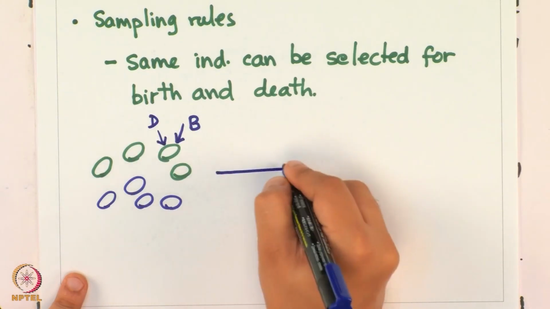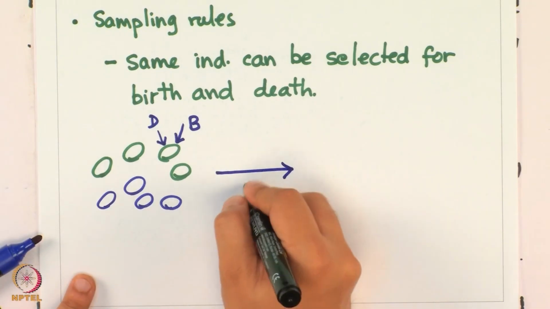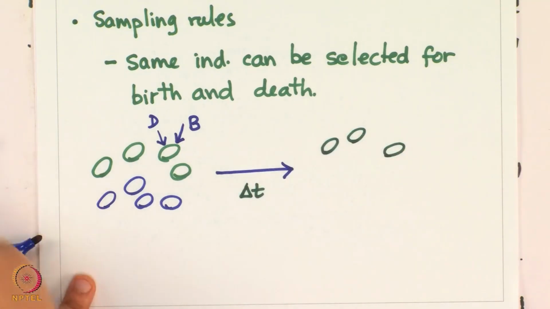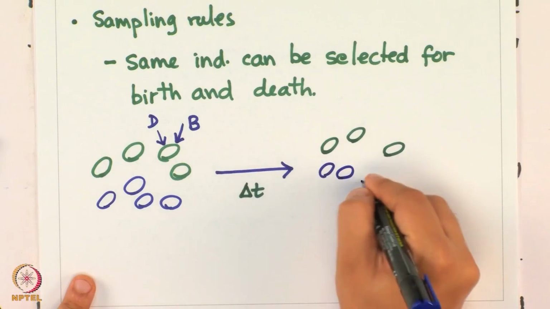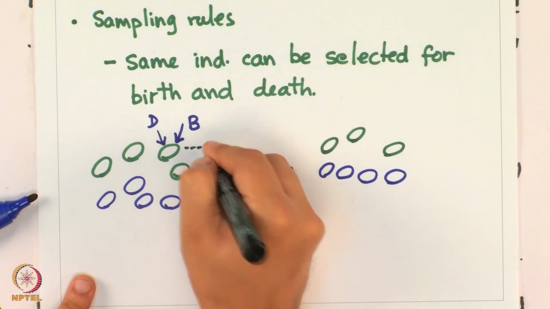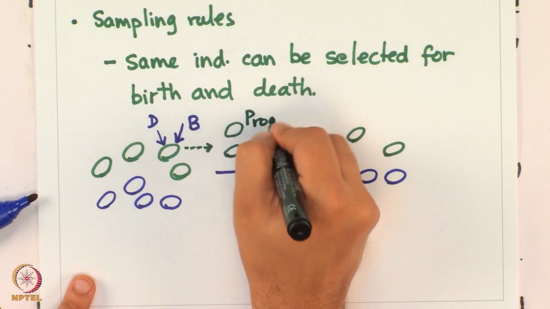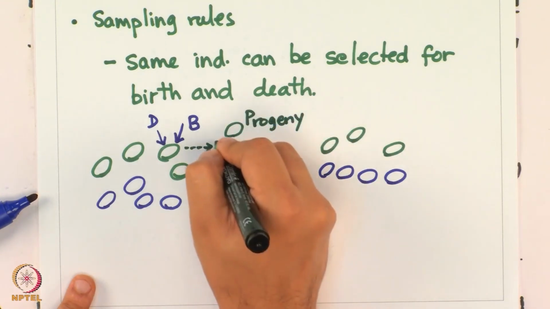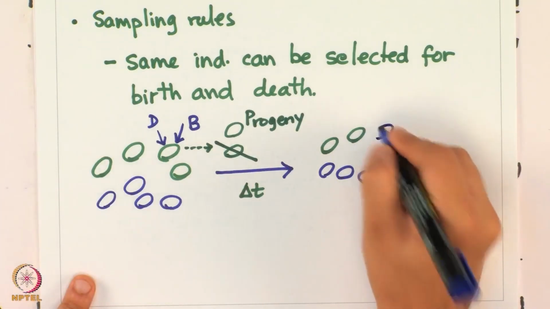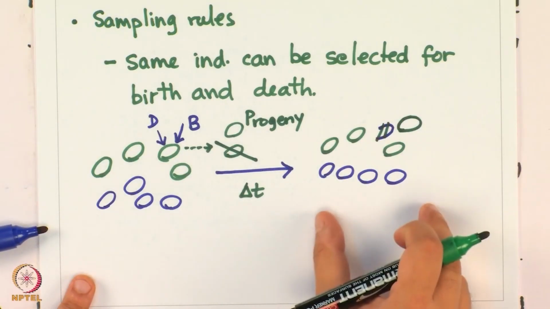What we are physically representing is the fact that in this time interval delta t, the other 7 cells do not change, they remain the same. And what happens is that this particular individual divides. This is the progeny and this is the parent, and the parent cell dies in this delta t time, and we have the progeny, I'm sorry, this should be green, we have the progeny represented in the next time step.